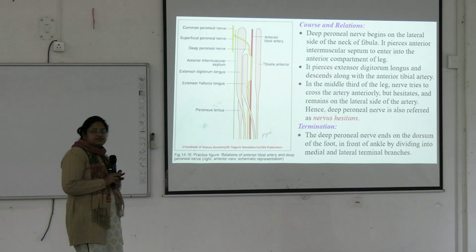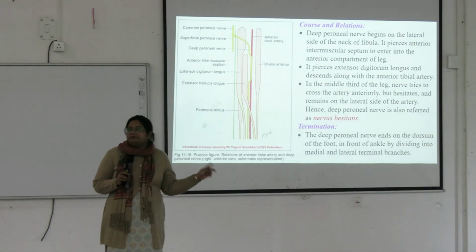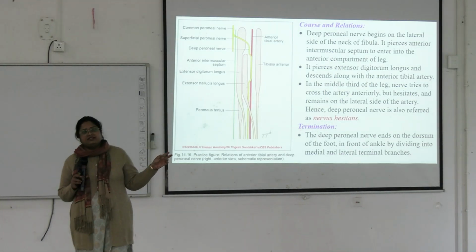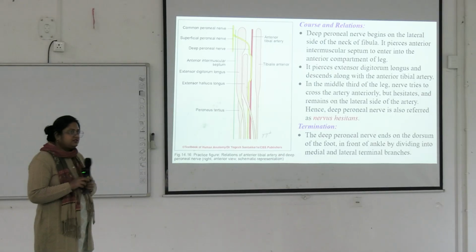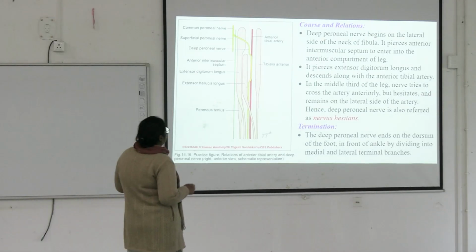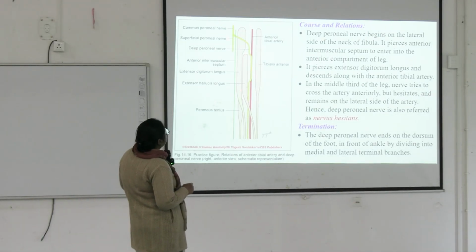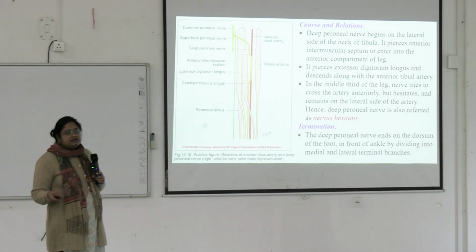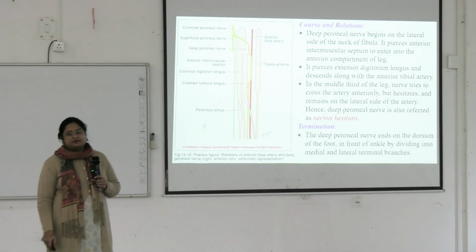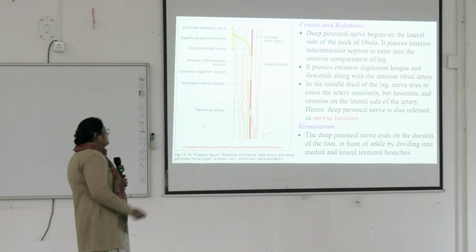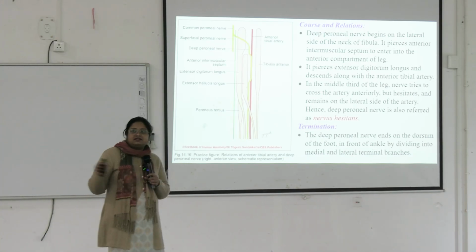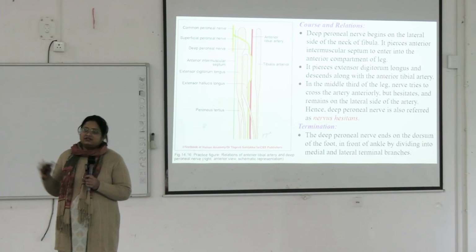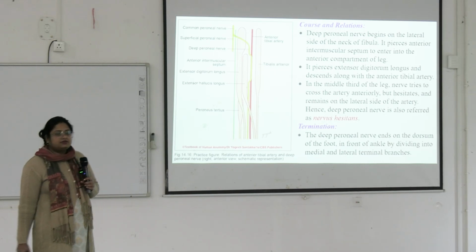This explains why deep peroneal nerve is called Nervus Hesitans. It is trying to cross the artery from lateral to medial side in the middle one third of the leg, but finally it is lying on the lateral aspect of the artery. As if the nerve is hesitating to cross the artery, that's why it is called Nervus Hesitans.